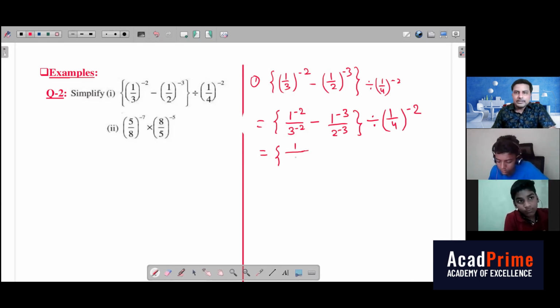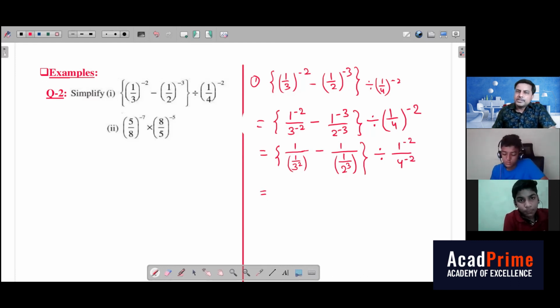Can we write it as 1 upon 3 square? Yes. Minus 1 divided by 1 upon 2 raised to the power 3.